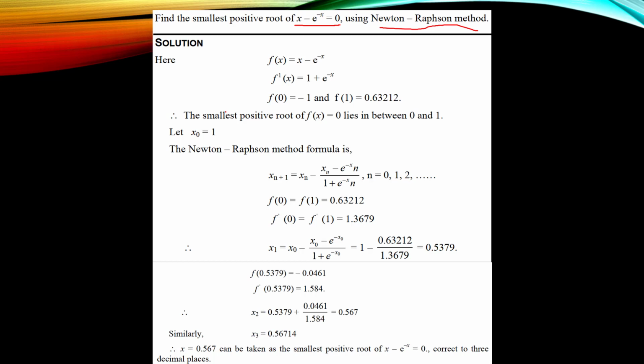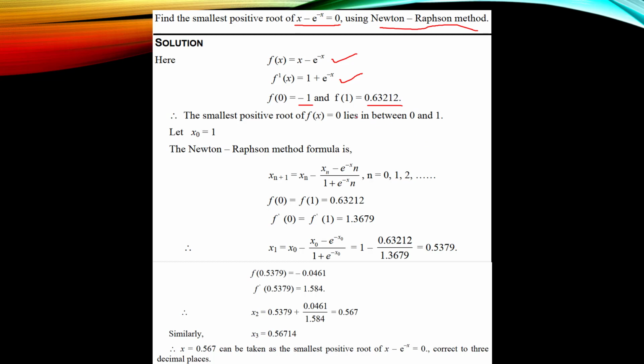So coming to the solution, we have the function f of x is equal to x minus e raised to minus x, f dash of x is equal to 1 plus e raised to minus x. Then when you put f of 0 in the main equation, you will get the value as minus 1. And when you put 1, you will get the value as 0.63212.